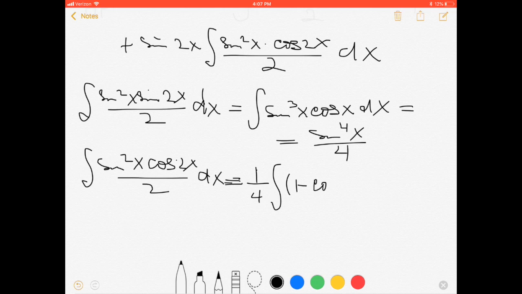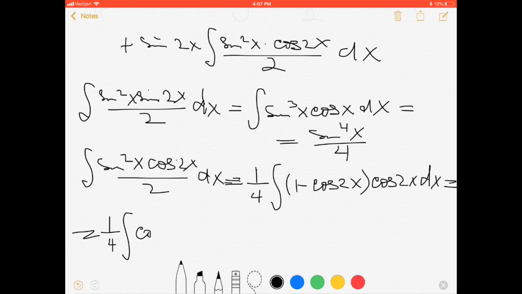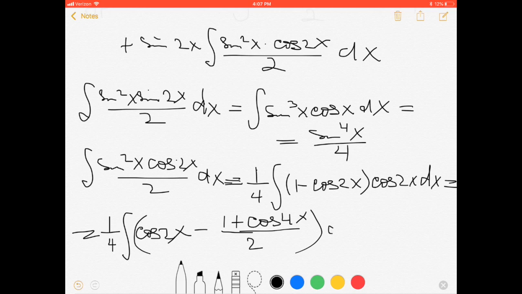It will be 1 minus cosine 2x dx. If I distribute, it will be cosine 2x is great, but it gives me cosine square 2x. It's not great. This means I use the same method, but 2x twice, it gives me cosine 4x over 2, here over 2 dx.